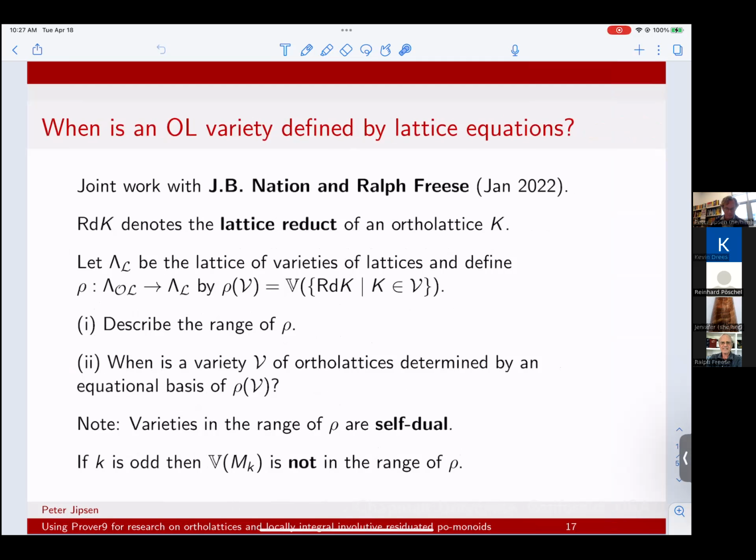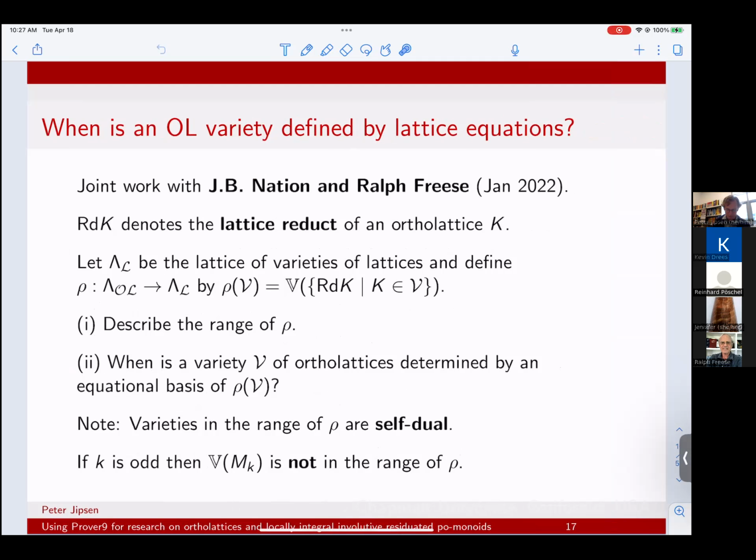So what do you do? Well, it took a while, but we were sitting in the garden at Jennifer's wonderful apartment there, and we were looking at reducts of ortholattices. So that's RDK.